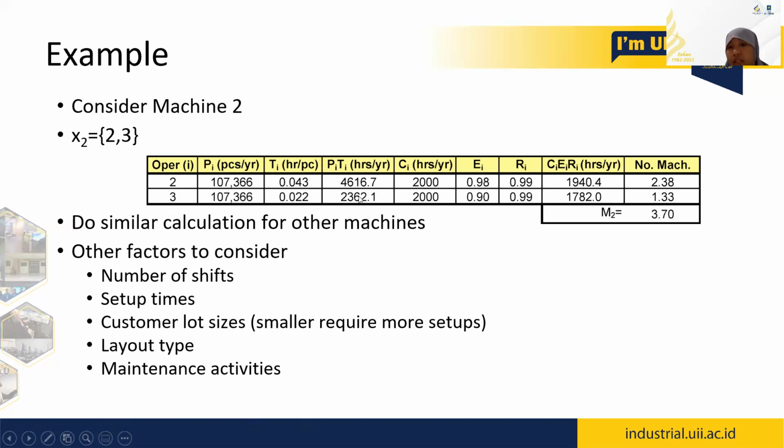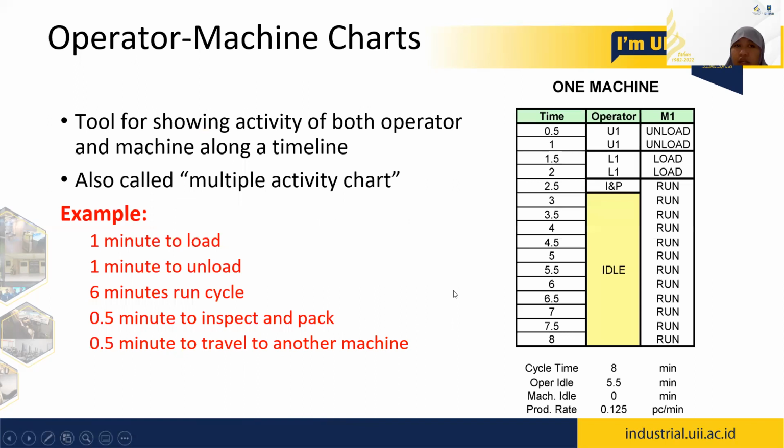Then you just divide it by Ci and multiply by Ei and Ri. So the number of machines is equal to PiTi divided by CiEiRi. Then we got 3.7.